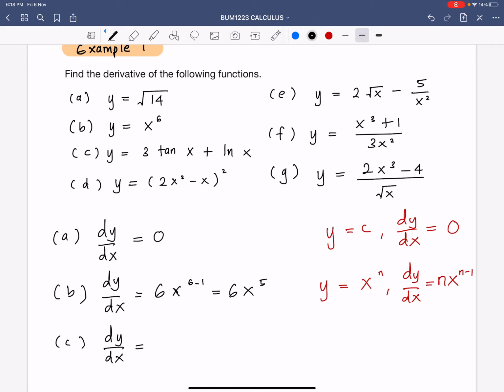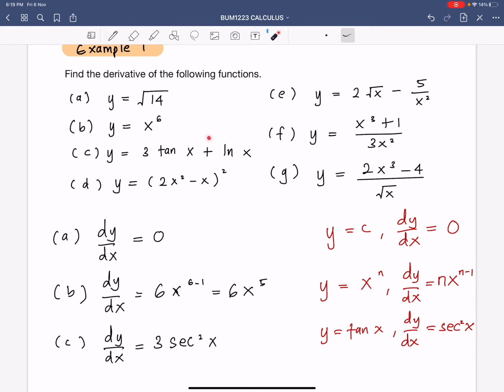Therefore, dy/dx is equal to 3 times... And we know that when y equals tangent x, then dy/dx is equal to secant squared x. So when we differentiate tangent x, we get secant squared x.